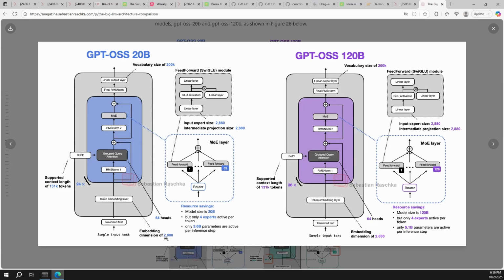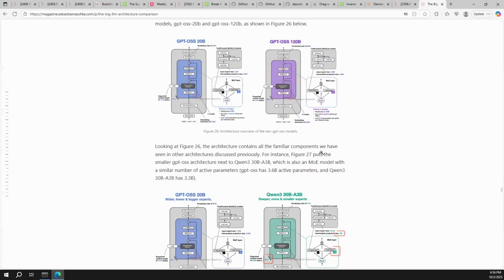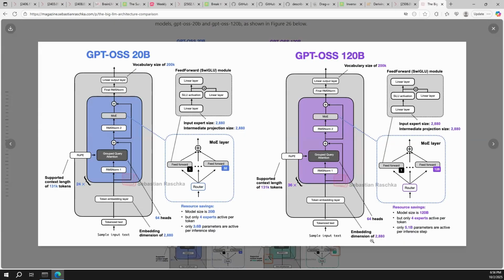The embedding dimension on this, these are smaller models, but if you look, the embedding dimension on this is a little surprisingly small to me at 2800. I think that's probably gonna restrict the performance of these models a little. Even on the 120B. Yeah, the 120B, this is pretty small.